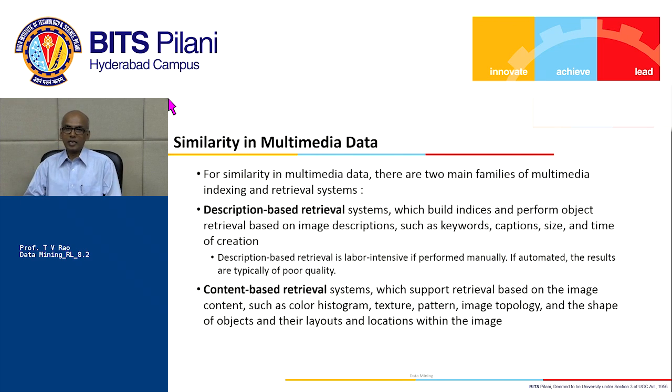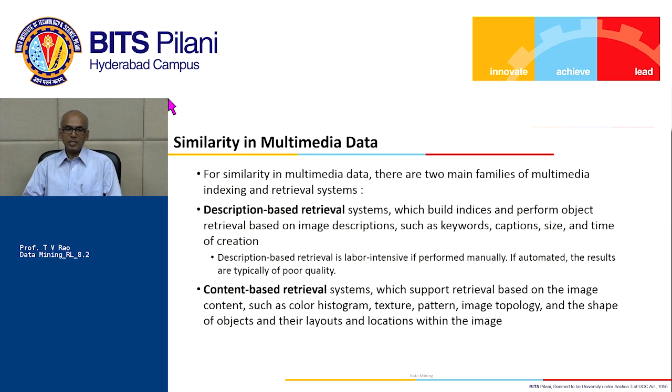But this requires that somebody attach those keywords or captions to each one of the data elements, and that may have to be done manually, so it is going to be labor intensive. And if we try to do it in an automated way, we may not get good quality results because we do not know of software which can create the right caption for each one of these images.